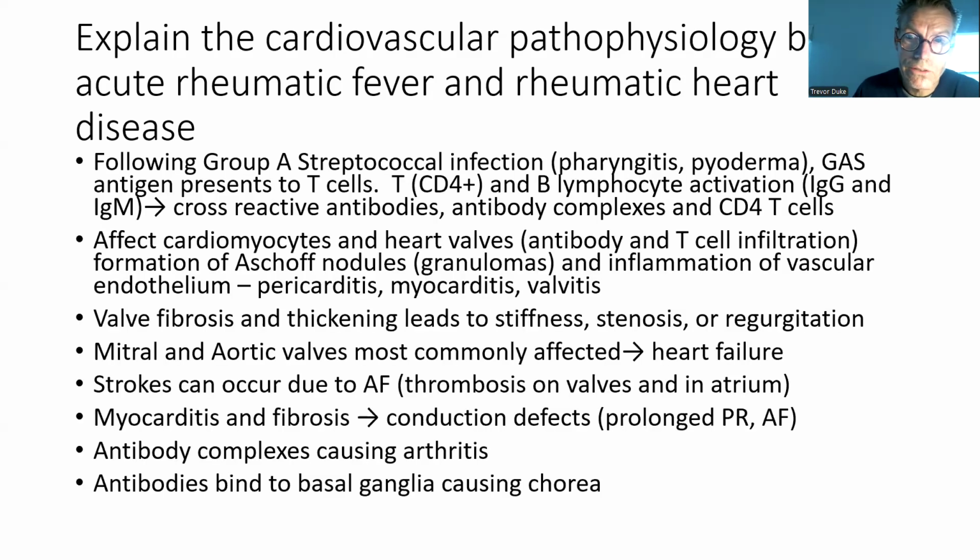So I guess to understand the first part, the immunopathology, well, firstly, following group A streptococcal infections, remember group A streptococcus can cause many things, but it can cause two main conditions.